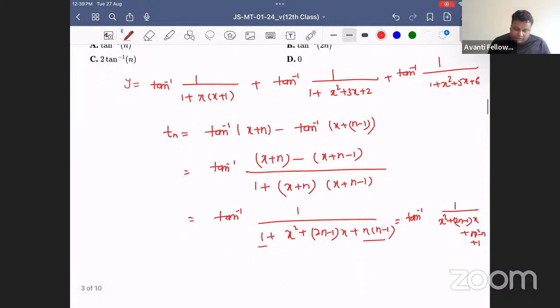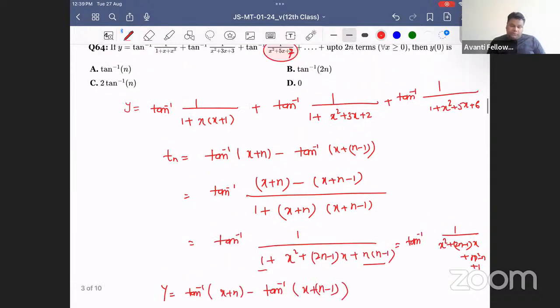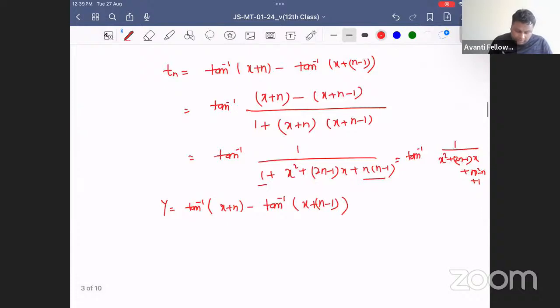All right. So with this, basically the nth term should be tan inverse of (x plus n) minus tan inverse of (x plus n minus 1). I got confused with the third term. That is why we were not getting it correct. Now that's it.